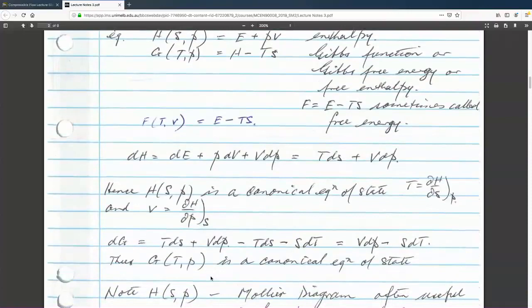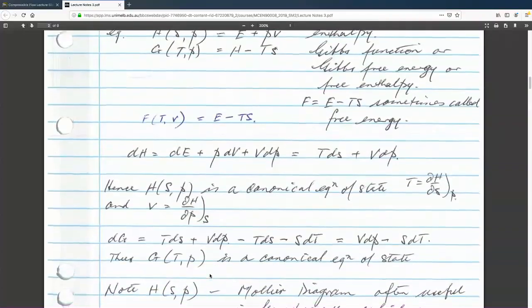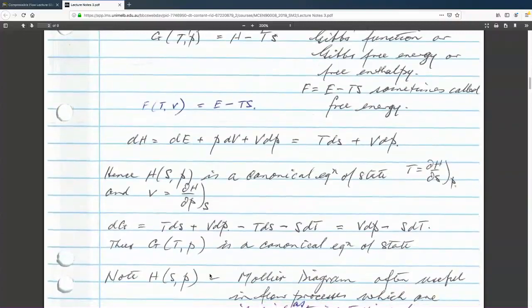So I can get the V and S, and so H of S and P is a canonical equation of state. It's often charted, and you will have seen it, I hope, before, as a Mollier diagram. Why is that of interest to us particularly?